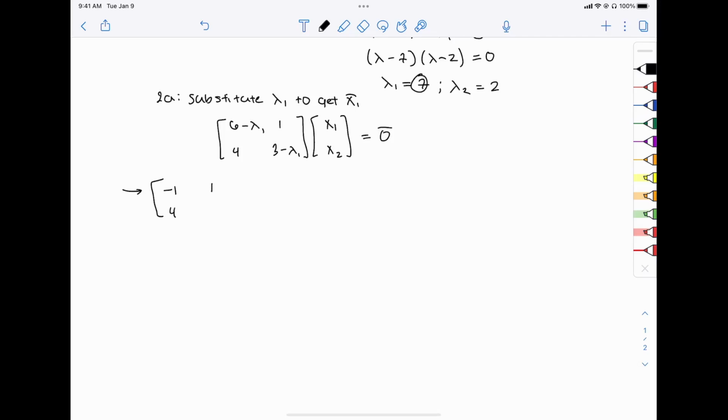Then we have 3 minus 7, which is negative 4. Okay, and then right off the bat, you'll see that there's only one independent row.